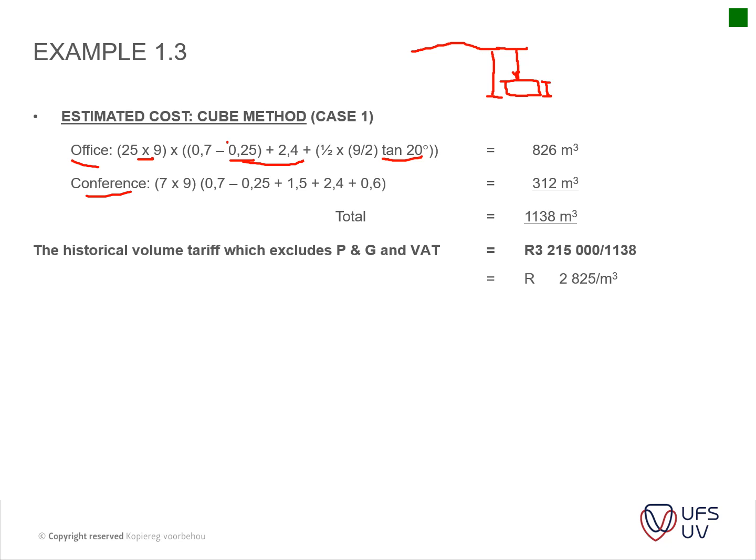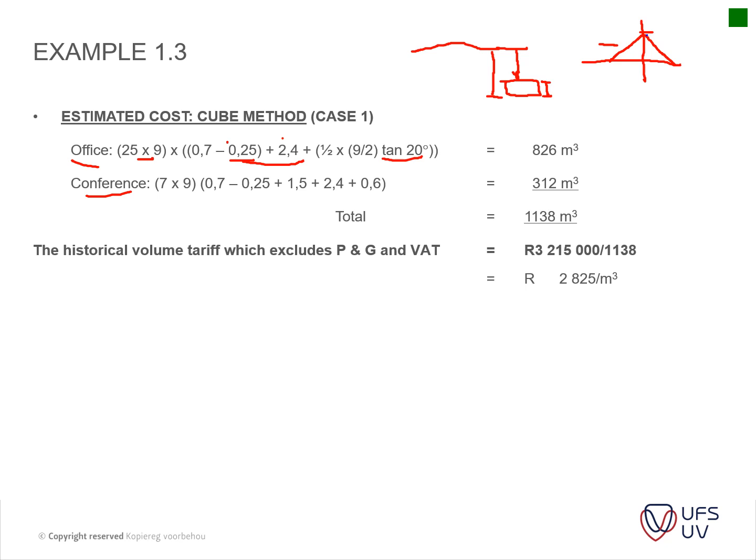Then you add the top of your ceiling heights, and then what you need to calculate now is the middle of your roof height. Basically, you want to calculate the total height, which is there. I'm just going to use blue.